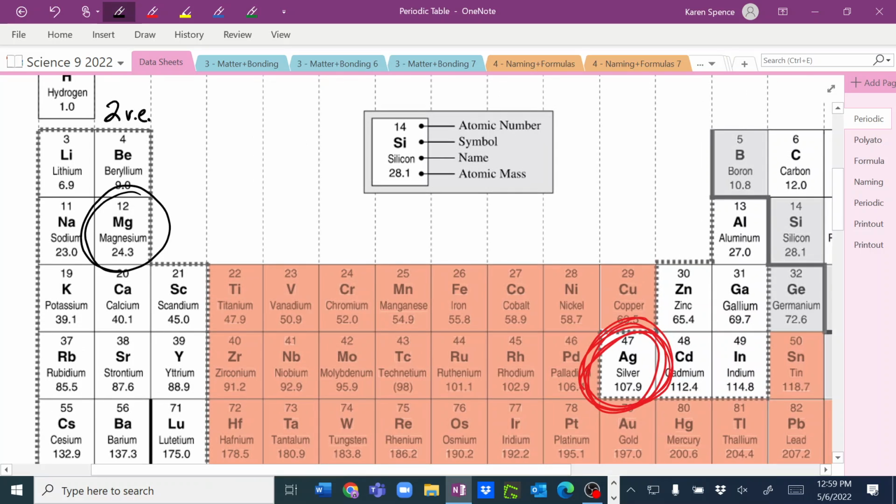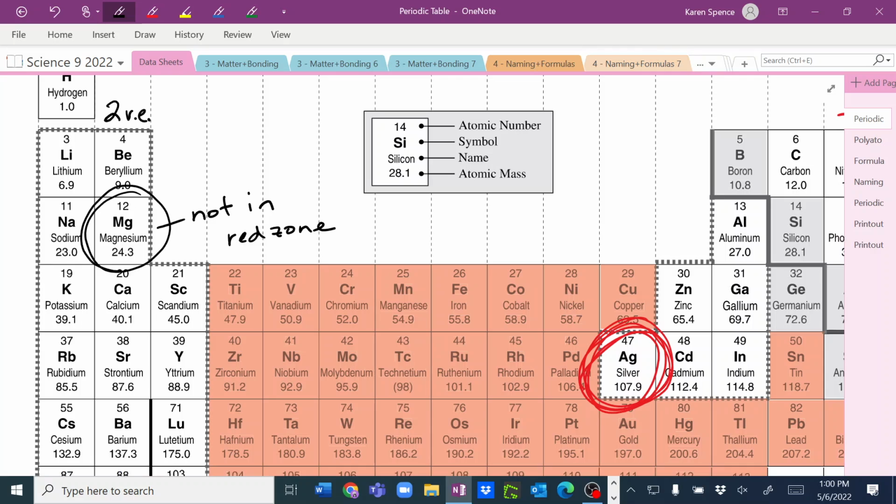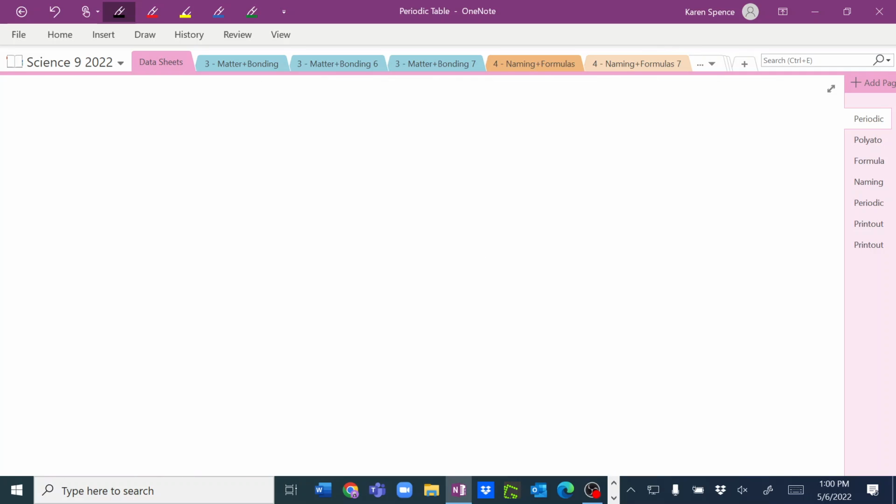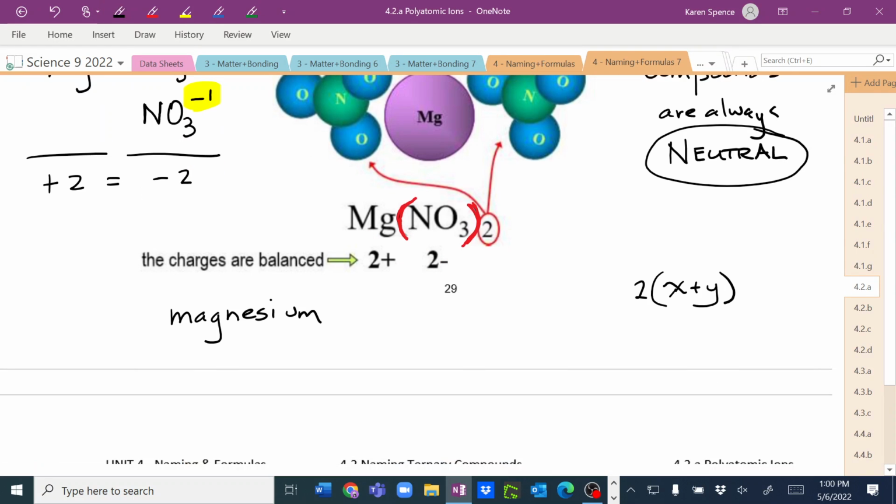And the answer is no, it's not in the red zone. And so does it need a Roman numeral? No. Okay, so going back here, magnesium is not in the red zone. Therefore, no Roman numeral.